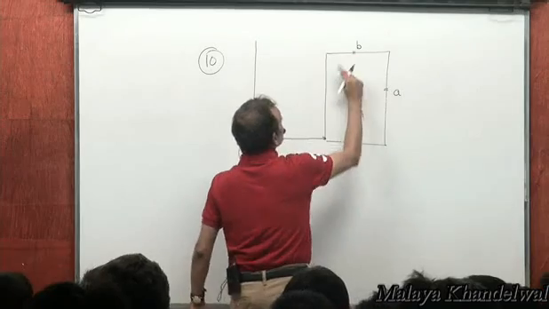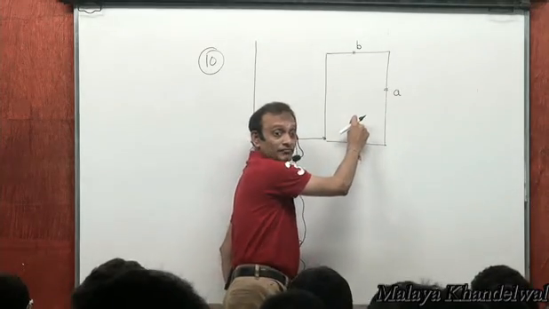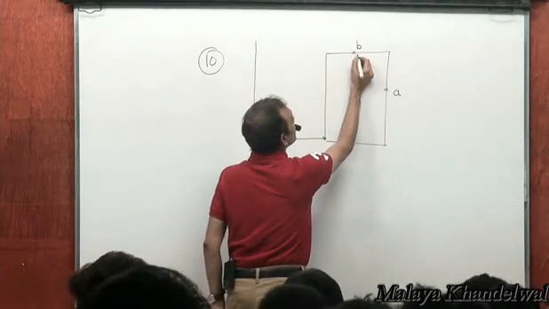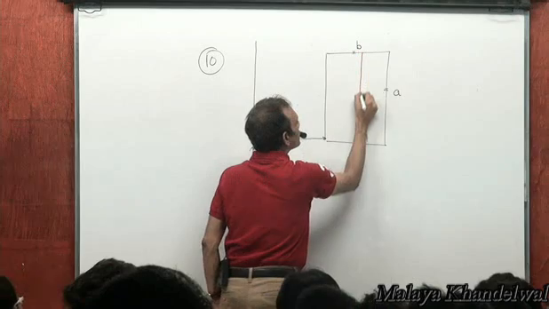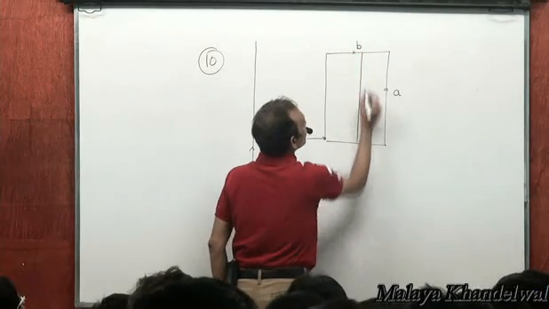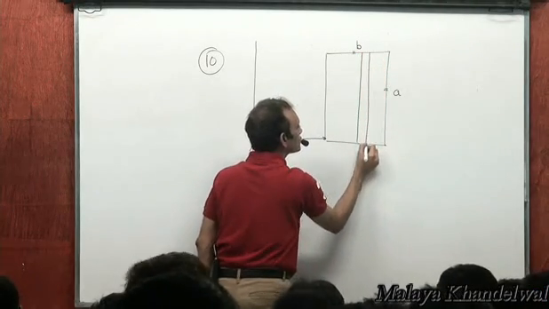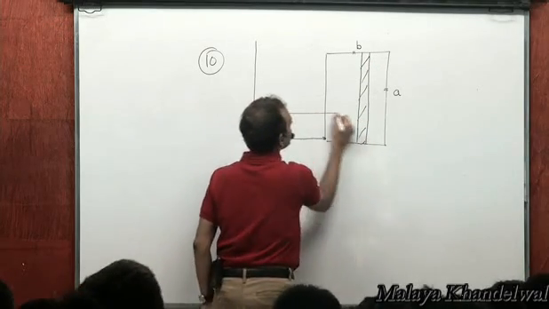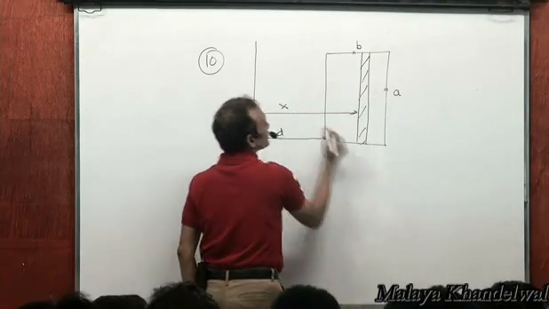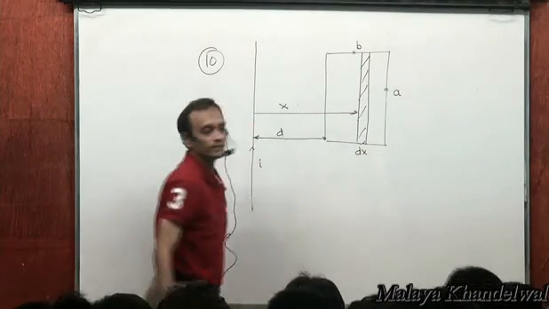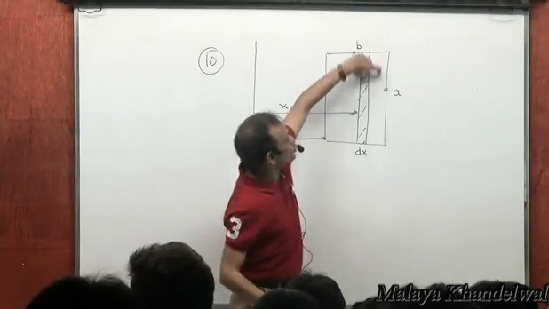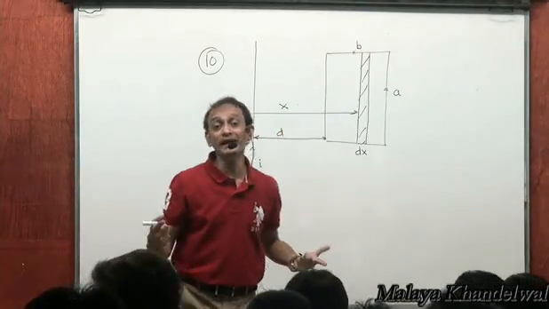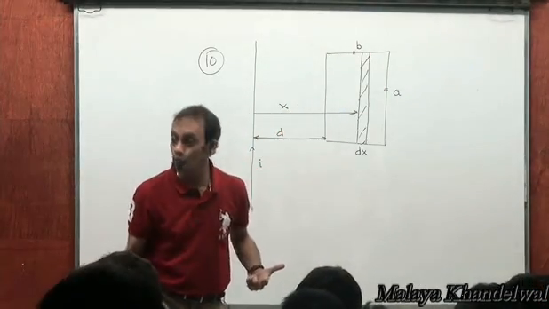So what I do is, this is a non-uniform magnetic field, right? I imagine a strip of this kind, at a distance x from this wire and of thickness dx. All points on this chosen strip will be at the same B. How much? Mu naught I by 2 pi x.